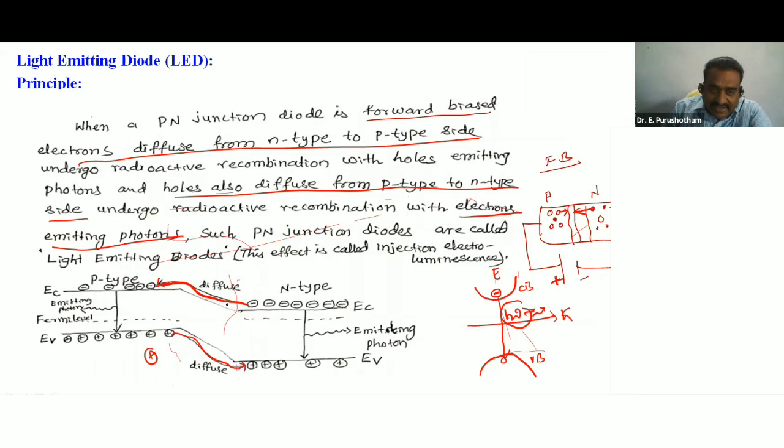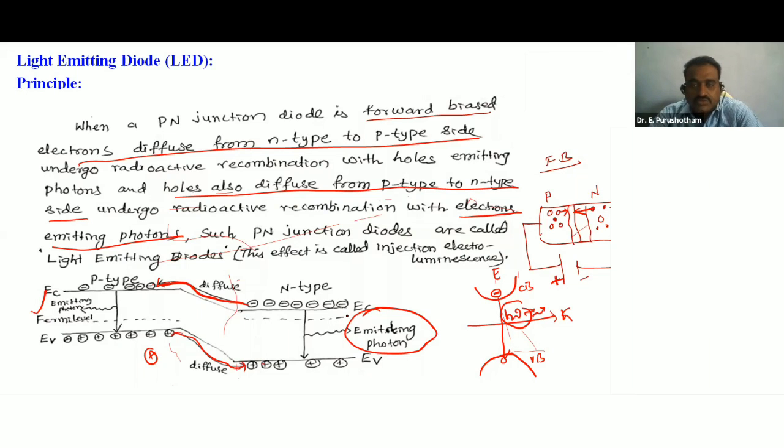For example, this electron undergoes recombination with a hole, emitting a photon. If a hole recombines with an electron, it undergoes radiative recombination, emitting a photon. This type of diode is called a light emitting diode.